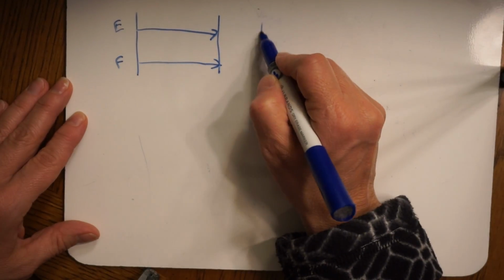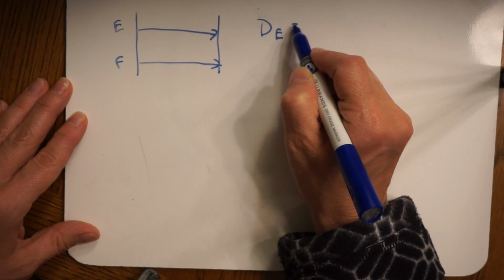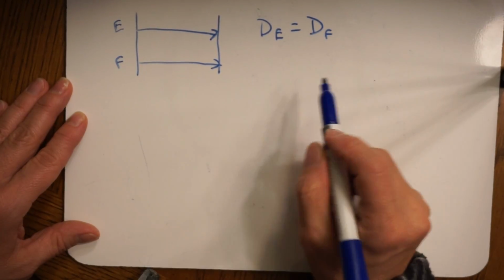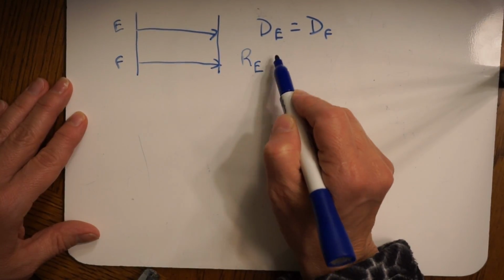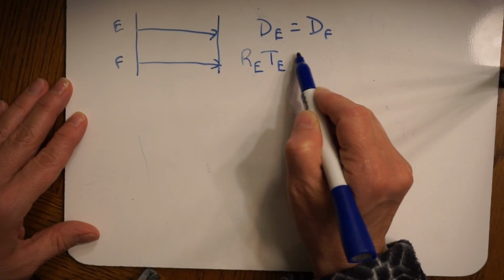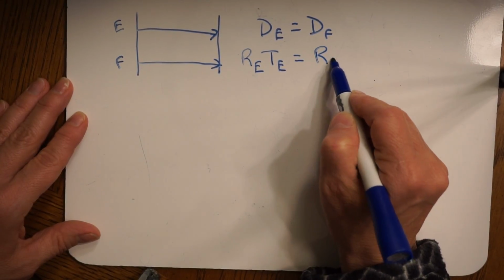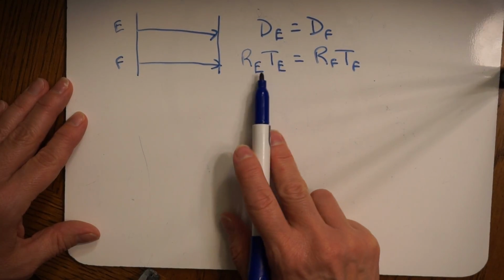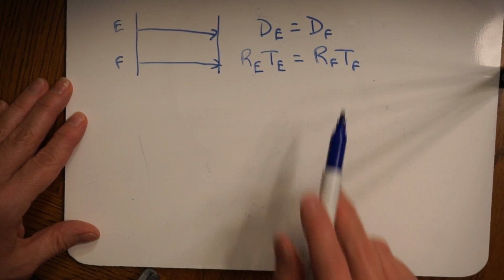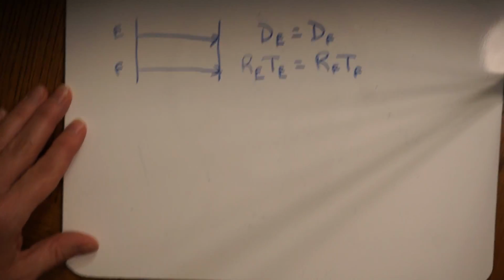So we could say distance E is equal to distance F. Well, we're going to change this to rate of the express, time of the express, is equal to rate of the freight, time of the freight. Now let's check some more information and try and figure out all of these other variables here.